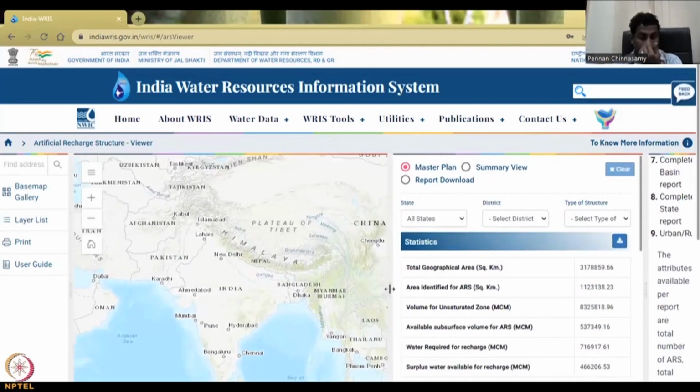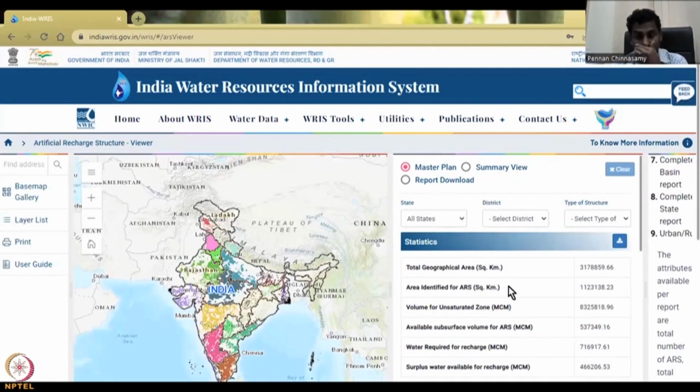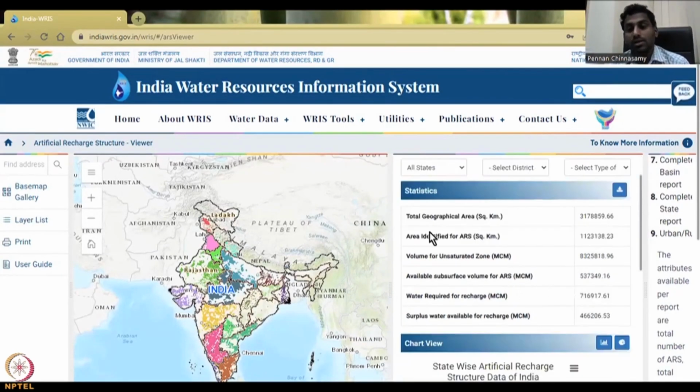Okay. So the master plan for entire India, the statistics is total area is this much, whereas your identified area for artificial recharge structures, ARS, is around 11. You see the units, square kilometers, right?